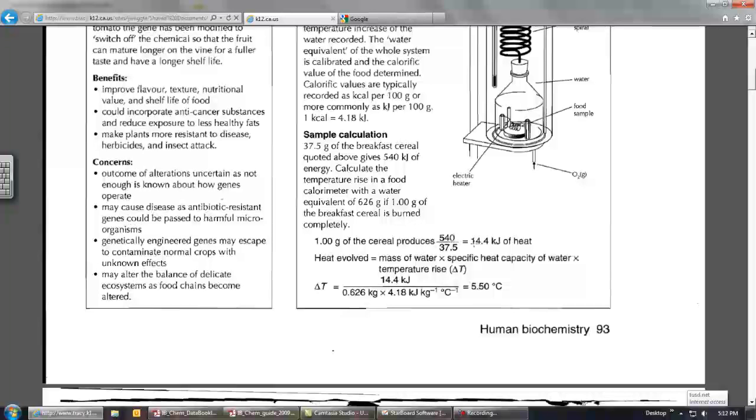It says calculate the temperature rise in a food calorimeter with water of 625 if 1 gram of the cereal is burned completely. So 1 gram of cereal, here's the ratio between grams and kilojoules right there. So this is going to convert grams to kilojoules of heat. That's Q. So we're going to solve for delta T. That's all we did here. Q, mass, specific heat, delta T. Does everyone understand how to calculate it? It's basic thermochem. Any questions there? Okay, I'll take that as a no.